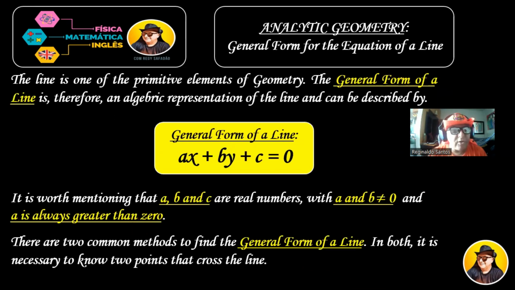There are two common methods to find the general form of a line. In both, it is necessary to know 2 points that cross the line. Here we have example A: find the general form of a line that passes through the points A and B. The coordinates of point A are 3 and 1, and the coordinates of point B are 6 and 7.